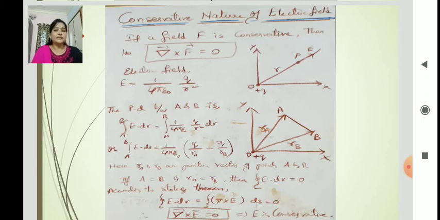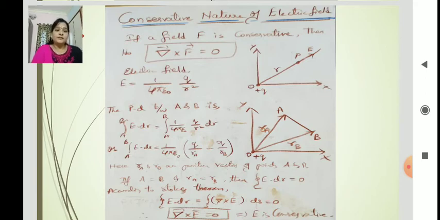We studied this conservative nature of force in first year BSc Central Forces. So the condition for the conservative nature of any field is that the curl of that field is 0.